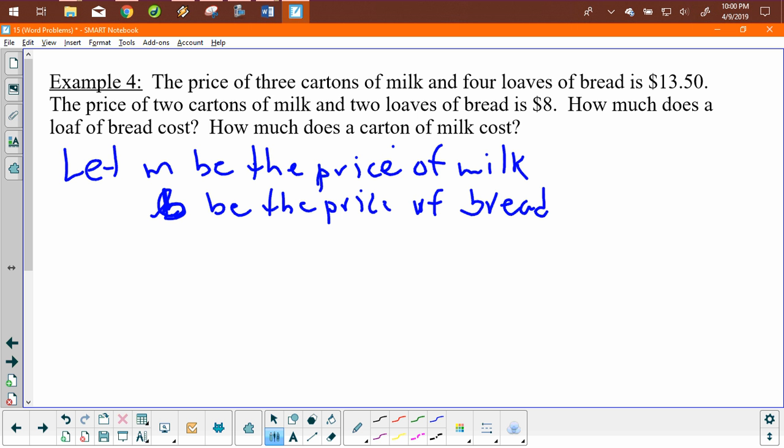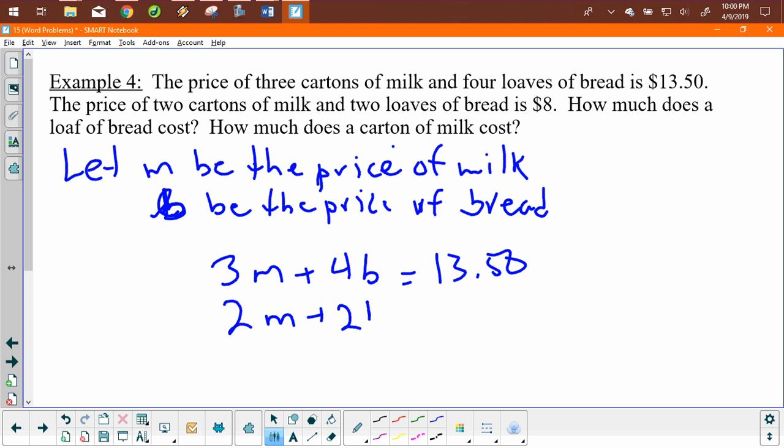Okay. So first one says 3 cartons of milk. So 3 milks plus 4 loaves of bread equals $13.50. Okay, for my other sentence, 2 milks, so 2 milks plus 2 breads equals 8.